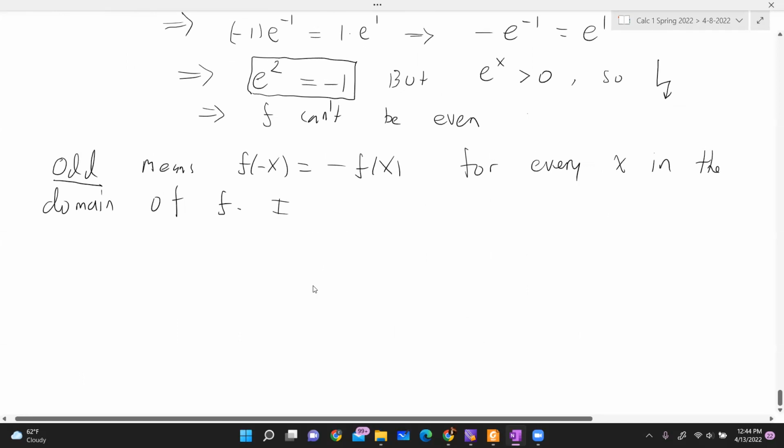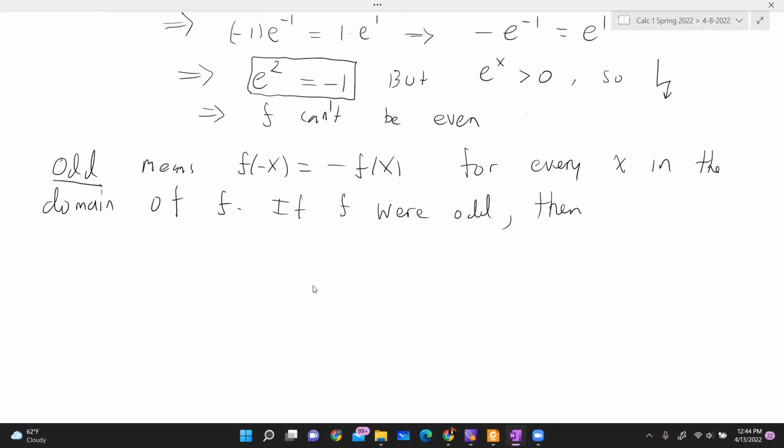So again, you just do a proof by contradiction. If f were odd, then we would have to have, for example, just use the same value of x, just negative 1. We would have to have this. And this would give us, let's see, negative 1 times e to the negative 1, which is equal to negative e to the 1.